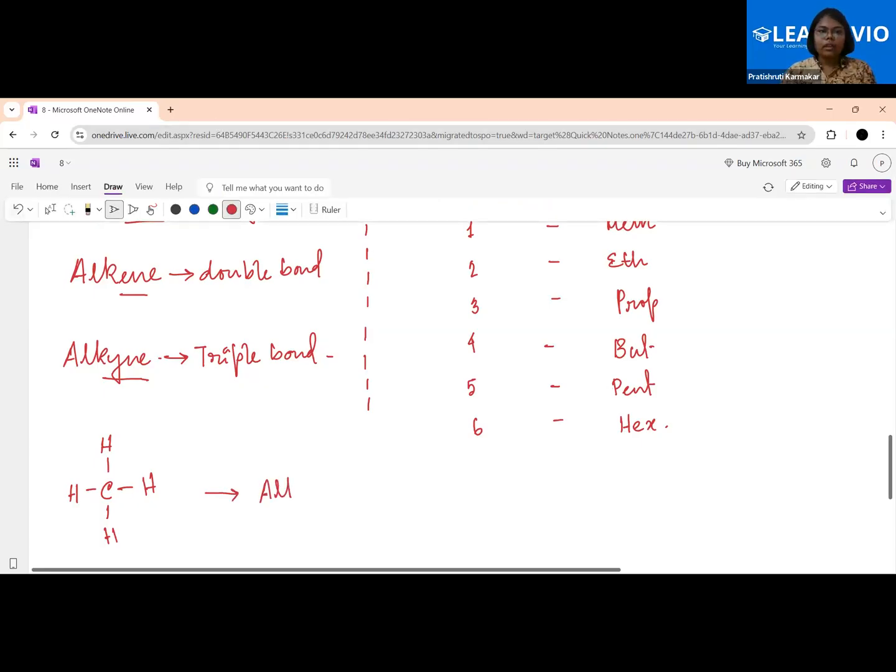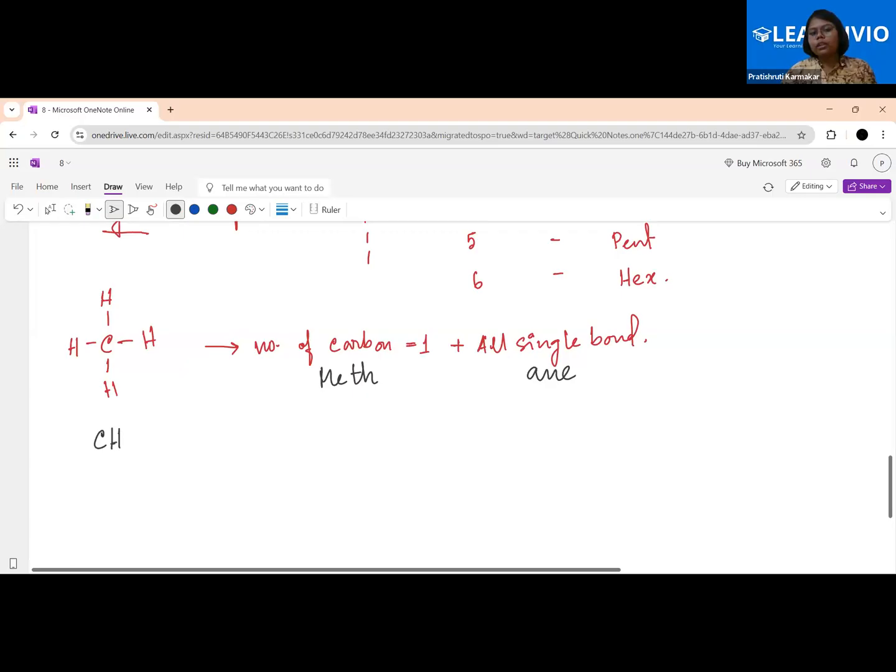Number of carbon is 1, so the prefix will be meth, and all single bond, so the suffix will be ane. That is why this CH4 is known as methane.